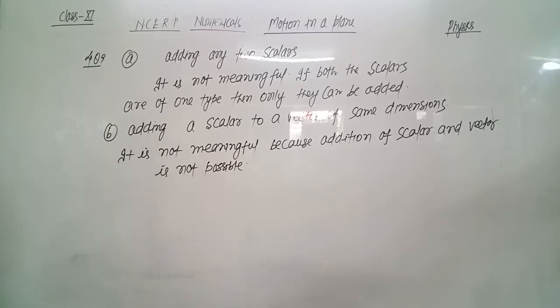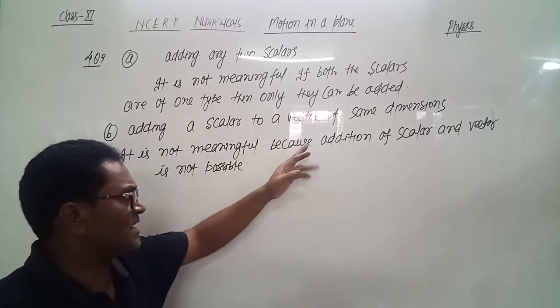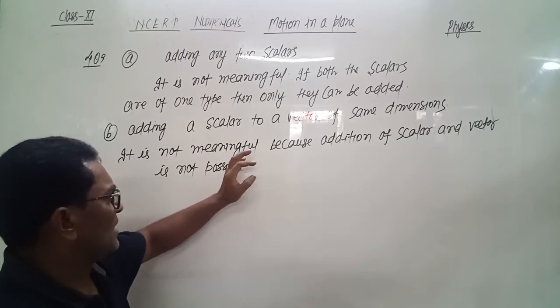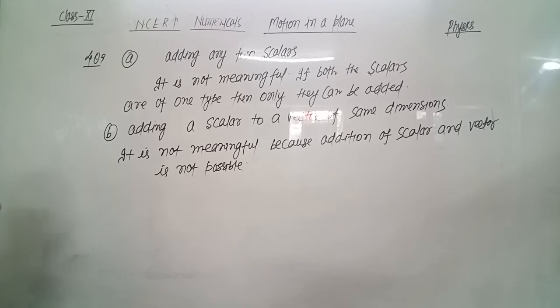So adding a scalar to a vector of the same dimensions is also not meaningful, because addition of a scalar is possible with a scalar only. Addition of a scalar and vector is not possible.